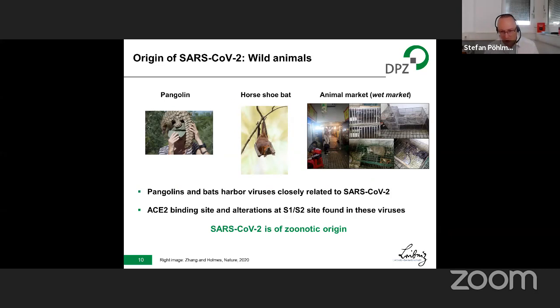And of course, now we know that this is not the case, and we know this because related viruses have been identified in animals, in pangolins and bats, and it turns out that some of those viruses harbor those unusual sequence elements. And this is very clear evidence that SARS coronavirus 2 is of zoonotic origin, and has probably jumped from animals to humans within wet markets in China.